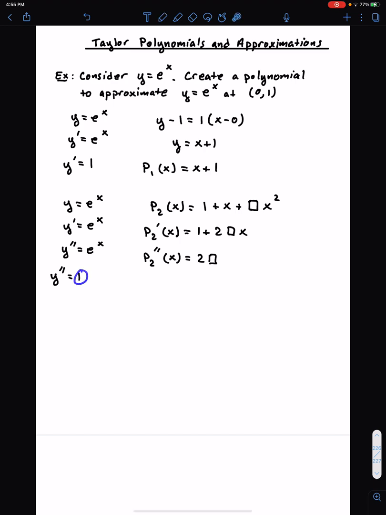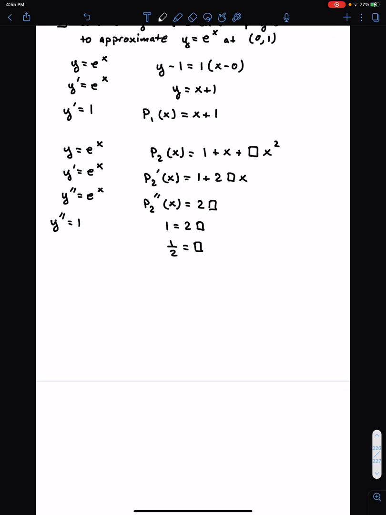I want this value to agree with the second derivative of the polynomial, which implies 1 is equal to 2 times that coefficient. So that coefficient has to equal 1/2. So now my second degree polynomial is 1 plus x plus 1/2 x squared.